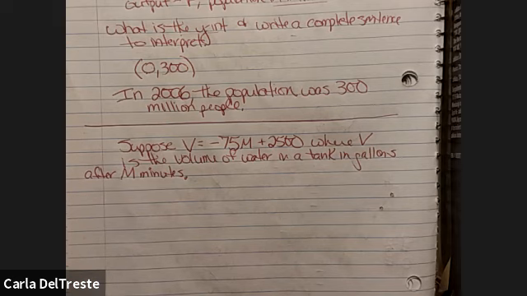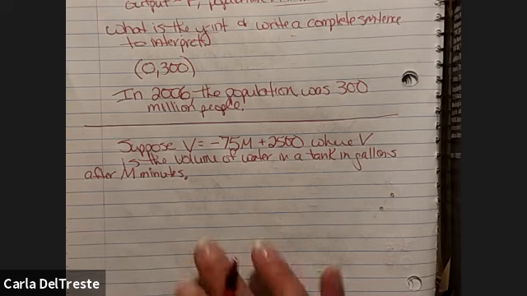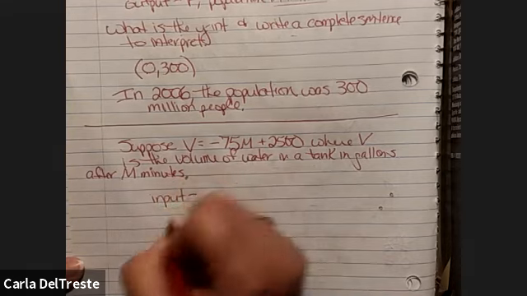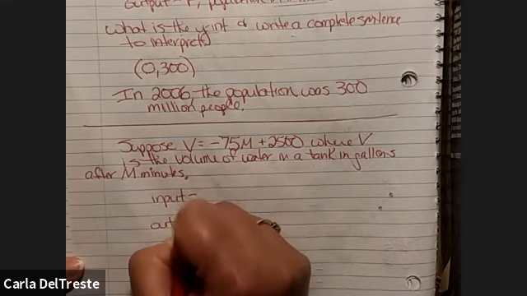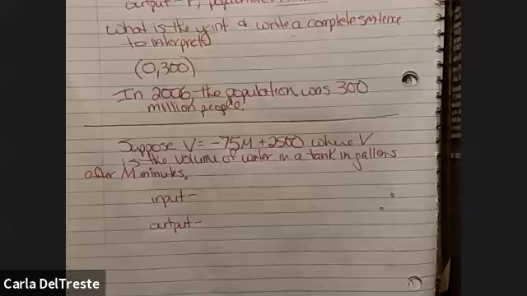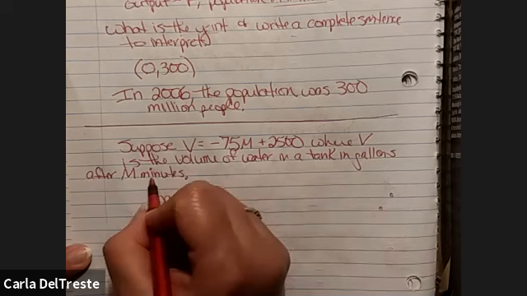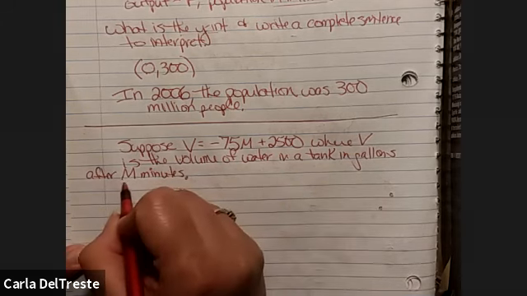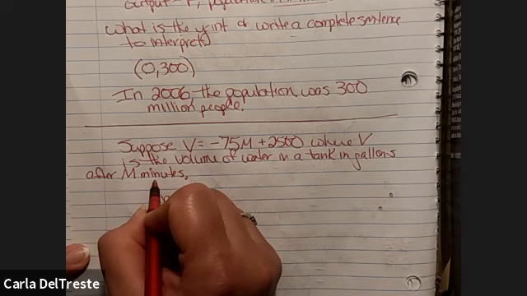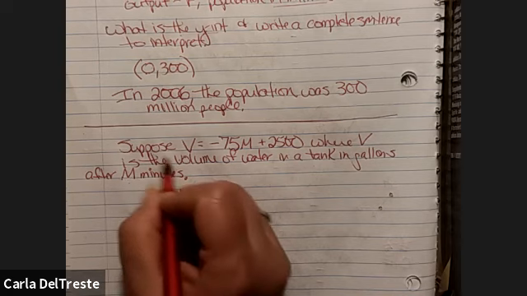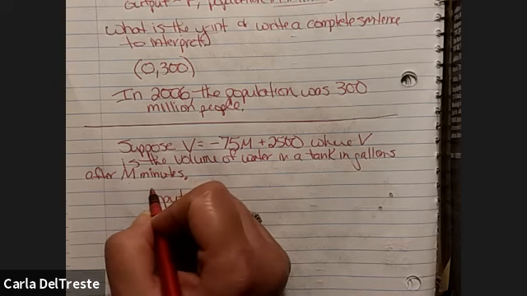Again, even if the question doesn't ask it, you should ask it. In this situation, what is my input and what is my output? We're talking about volume of water in a tank, and then in gallons, and then after m minutes. Well, which one is going to happen no matter what? Which one is going to be independent of anything else? Time. Time is going to go by independent of anything else.